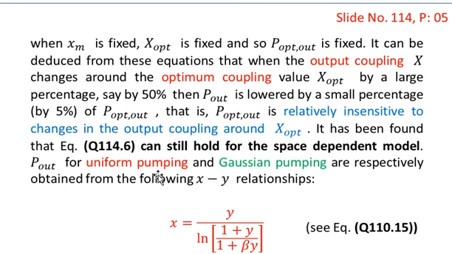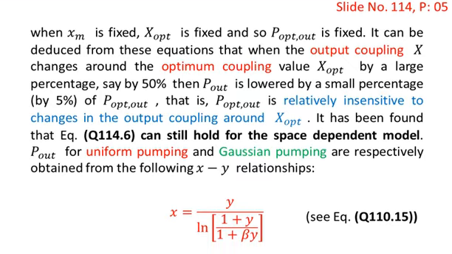P out for uniform pumping. So you see that there are two cases that we can report the value of P out: for uniform pumping or for the Gaussian pumping. And P out for uniform pumping and Gaussian pumping are respectively obtained from the following XY relationships.